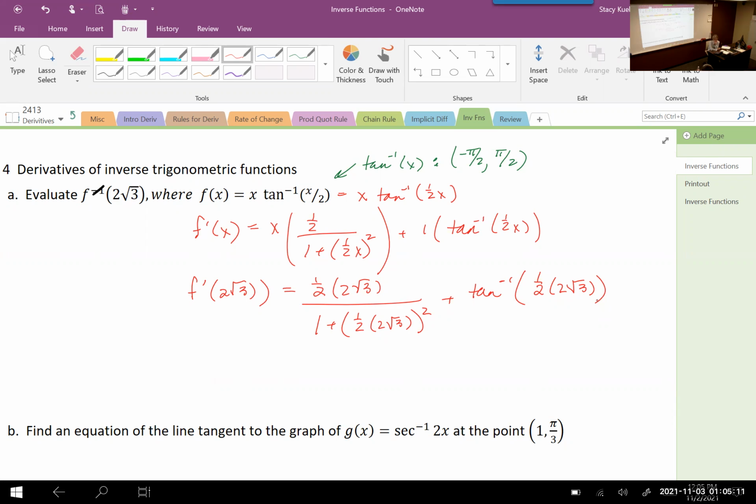And we're dealing in radians here. So you should end up with the square root of 3/4 plus pi/3 for the exact answer.